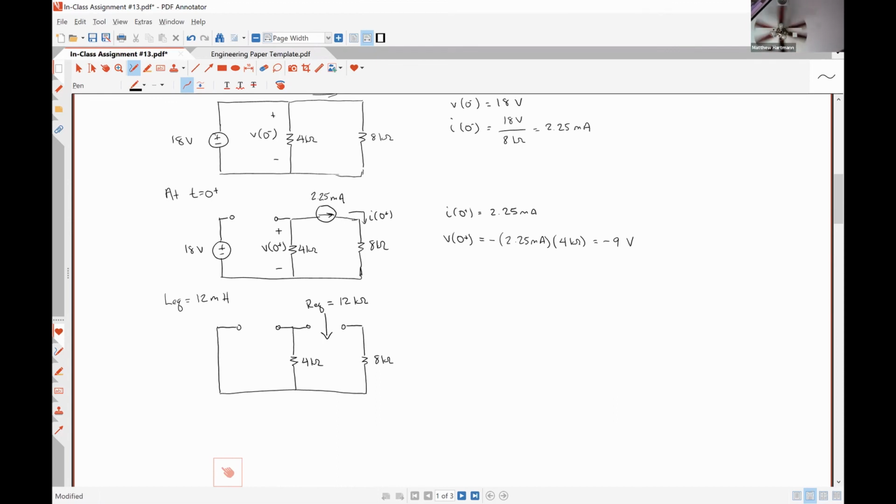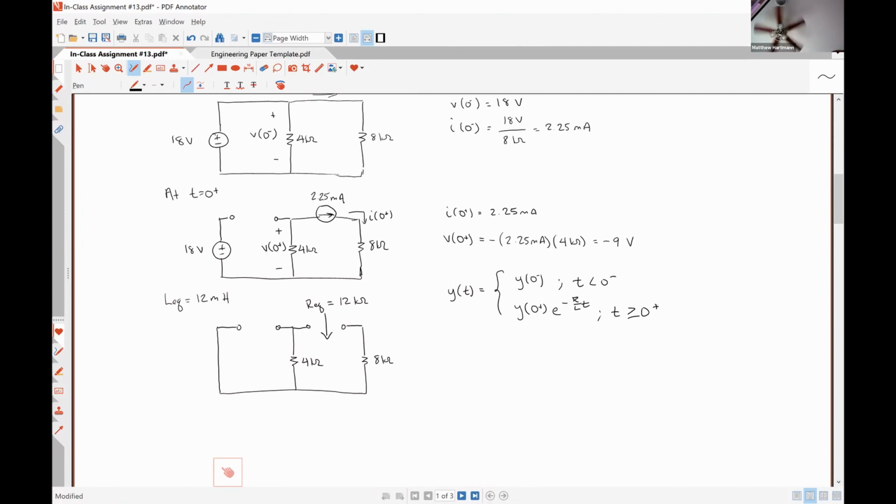So now I have all of the information that I need to plug into my generic formula. My generic formula for an RL circuit is Y of t equals Y at 0 minus for all t less than 0 minus, and it's Y at 0 plus times e to the minus R over L t for t greater than or equal to 0 plus.